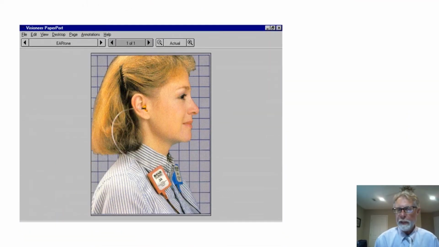Another way to test is with insert earphones instead of the typical headphones. These look like this, and you would pin them on to the patient like that.